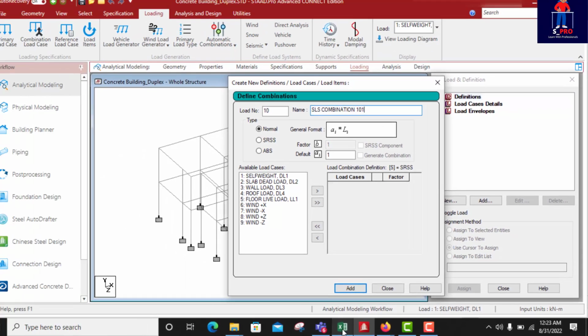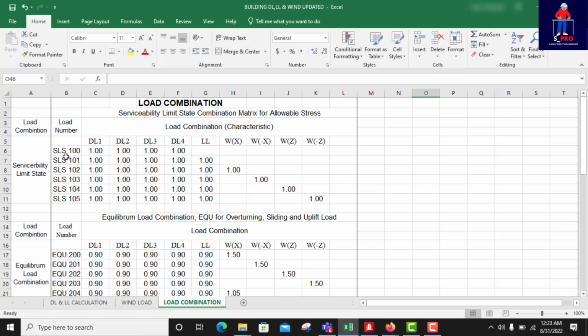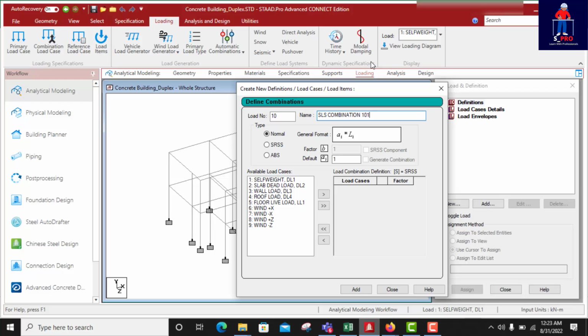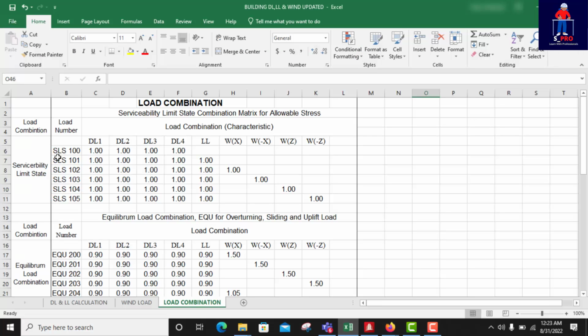So if you check the Excel sheet, sorry, use 100. SLS 100 under serviceability limit state. All the dead load will be multiplied by a factor 1. There won't be live load and there won't be any wind load.